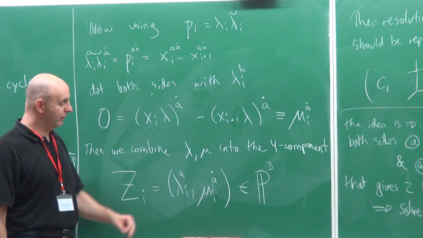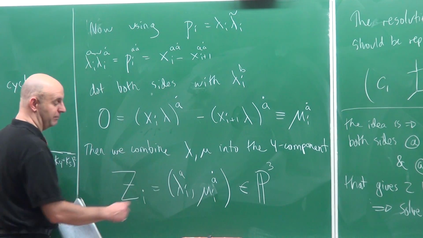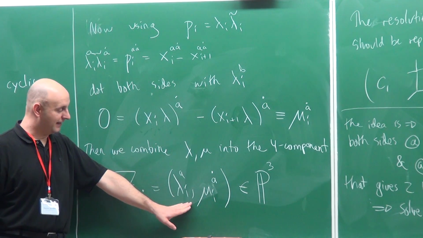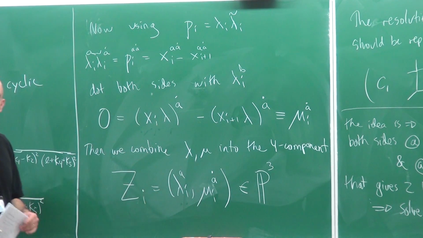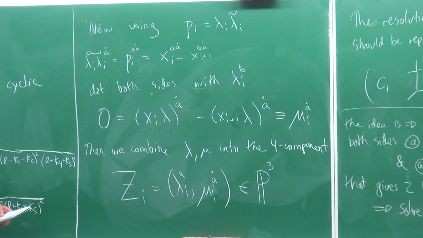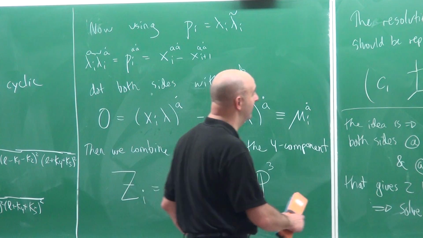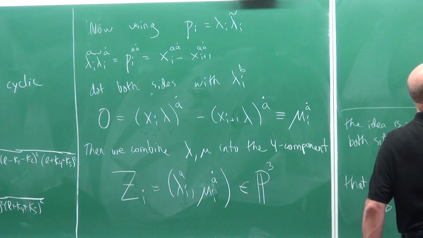So here you've got a four-component object with the property, and this will become a little more clear in the next few manipulations, that if you scale all four components by any non-zero complex number, then the physical kinematic configuration is unchanged. So these are naturally points in P3.